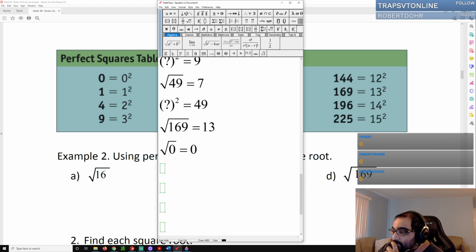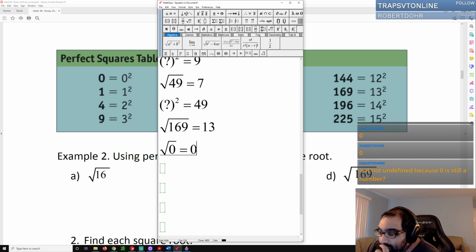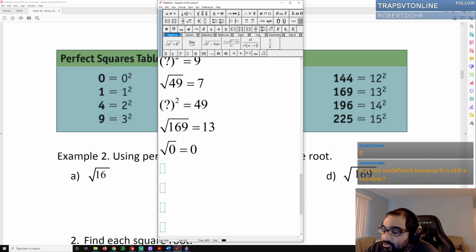Any questions about that? It's not undefined. So for square roots, what you'll learn later on about square roots is that you can't take the square root of a negative number, but positive numbers are okay.